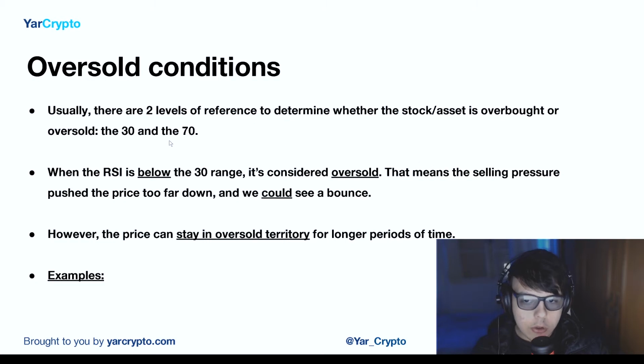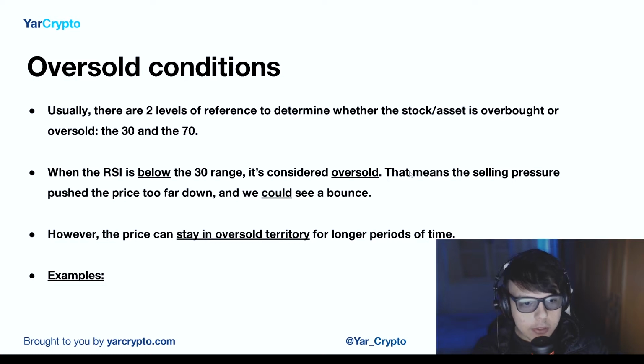Okay, so for the oversold condition, there are two levels of reference to determine whether the stock or asset is overbought or oversold. The 30 and the 70 line, which I mentioned in the beginning. In the case of the oversold condition, when the RSI is below the 30 range, it's considered oversold.